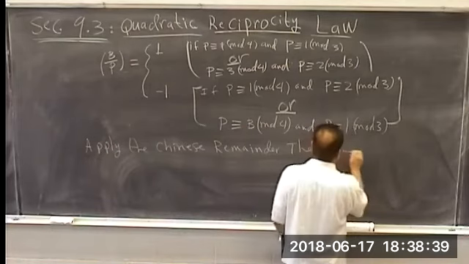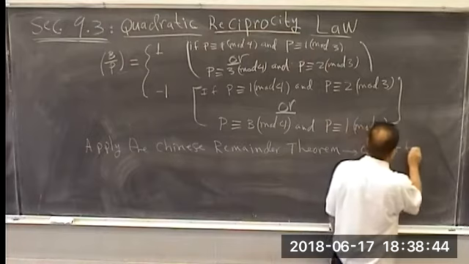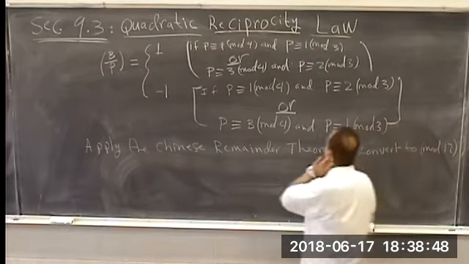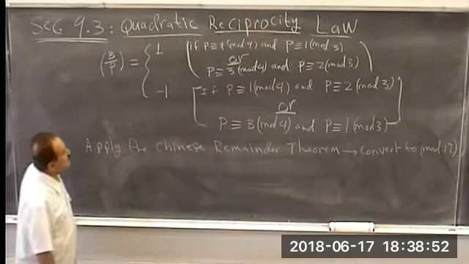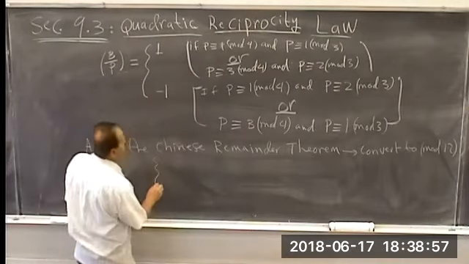So to convert to mod 12, how do we do this? We're going to be basically solving this system of congruence equations.